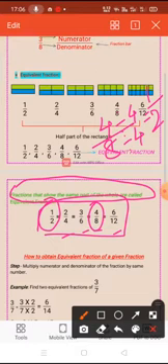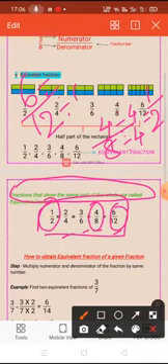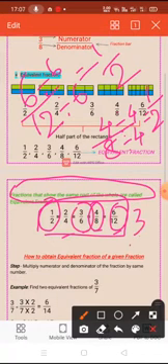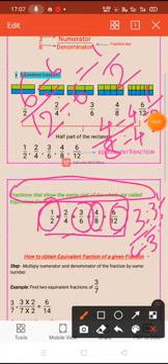So we are getting 1 by 2. If we divide 6 by 12, we can get the same; here we need to divide by 6. So we are getting again 1 by 2. And 3 by 6, if we divide, then we will get the same number, again 1 by 2.